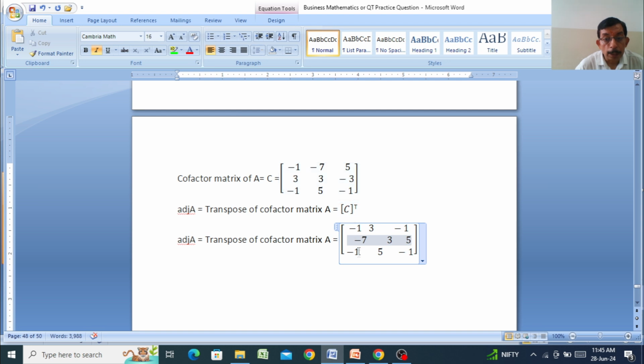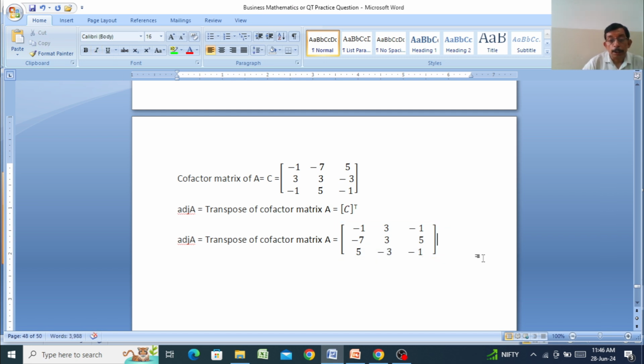And the last row 5, minus 3, minus 1. This is the adjoint of A.